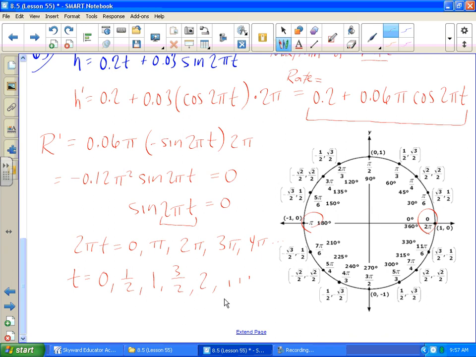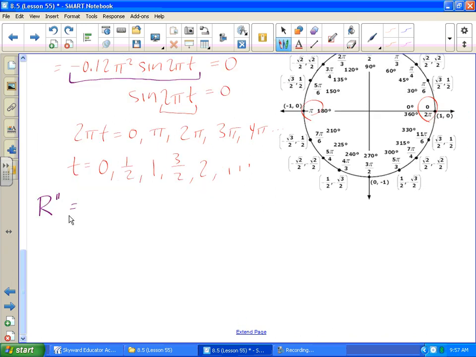So how do I find whether they're maxes or mins? Plug them in the second derivative and see whether it's positive or negative. So we need a second derivative here. And I'm going to take the second derivative of this piece here because that's cleaned up. So that constant you can leave out front.